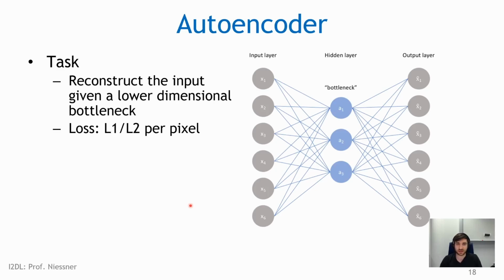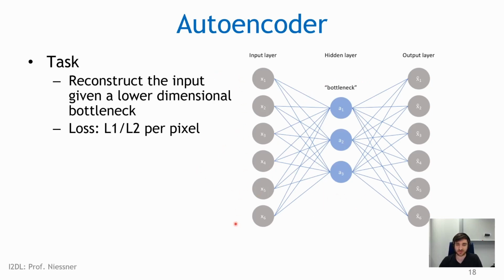The idea of an autoencoder is that we try to reconstruct the input. That sounds pretty trivial because we could just learn the identity function. The nice idea about an autoencoder is that we compress the information by having a lower-dimensional bottleneck in the middle. Let's take an example.